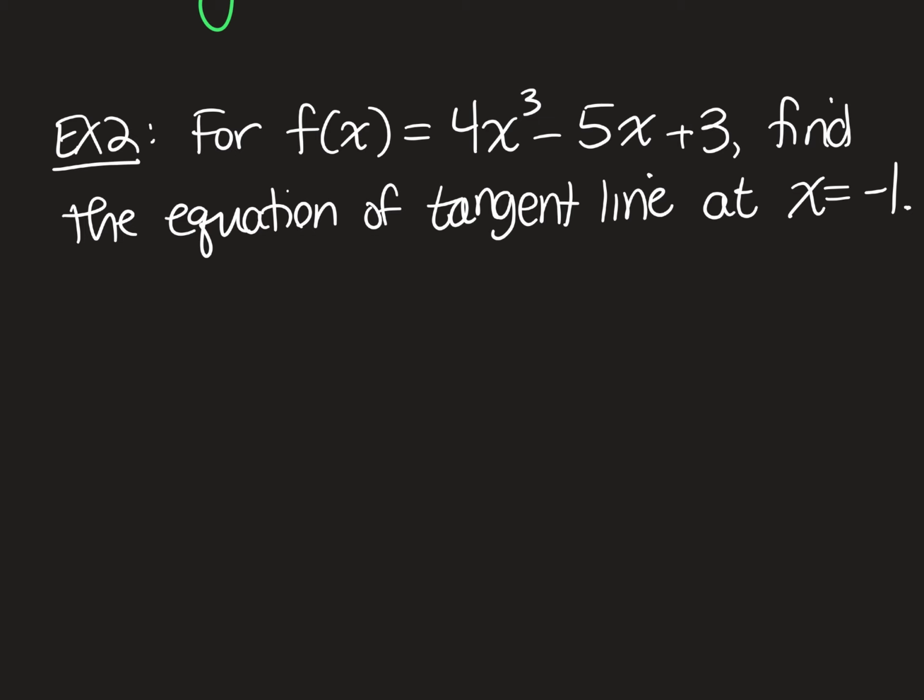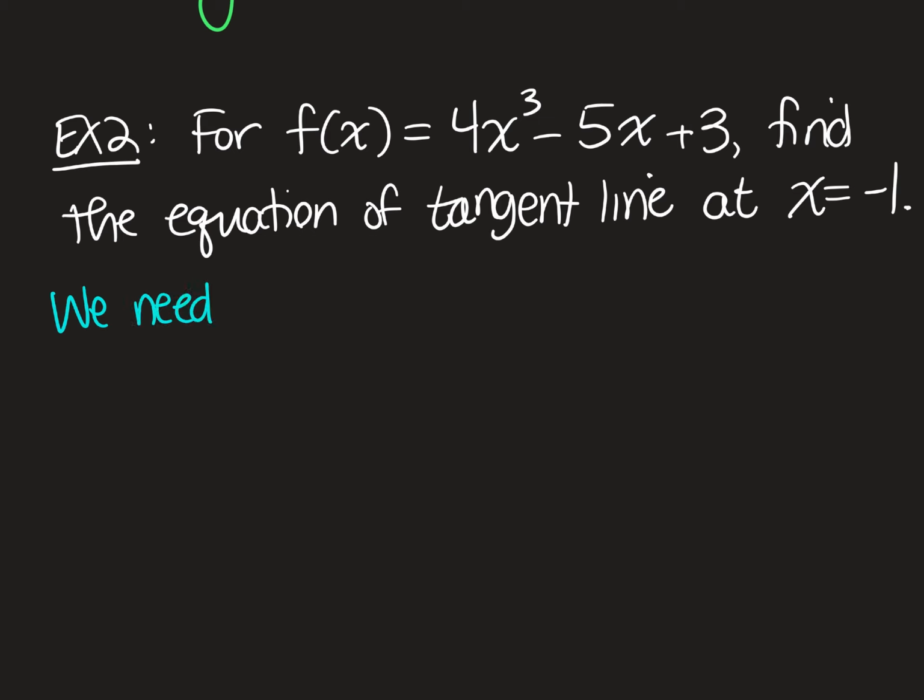All right, so I'm going to give you a function, but this time I don't give you a point. I'm just giving you the x value. We'll have to actually do a little bit of work to find the point. I'm not going to graph this one on our example because I think it's a little bit more difficult to graph and we don't need to go through all of that. But we need to find two things.